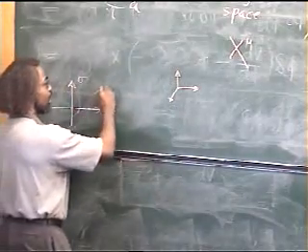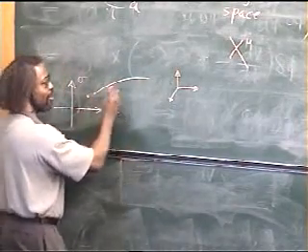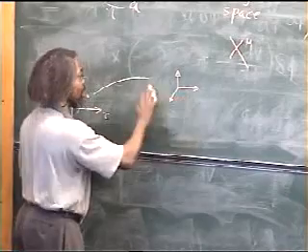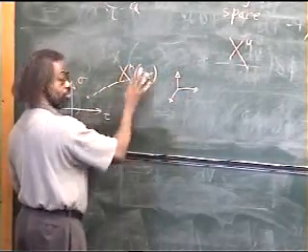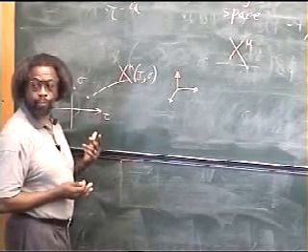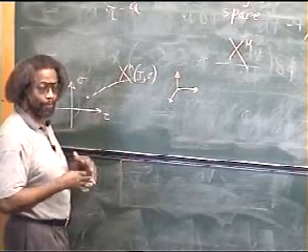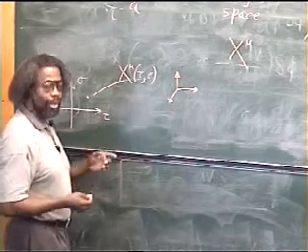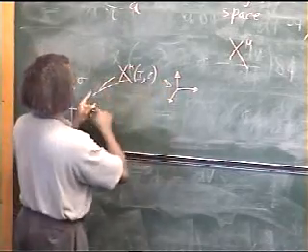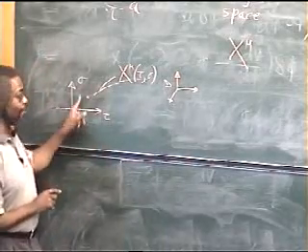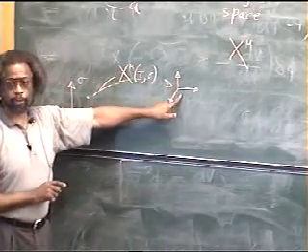And what the string does is tell you how to map points in here to points over here. And it's done by precisely x mu of tau and sigma. And in fact, that's the typical meaning of what you say a function is. A function is a map from one set of numbers to another. It just turns out, in the string case, the way this map works is that it maps from the 2-dimensional space into the d-dimensional space.